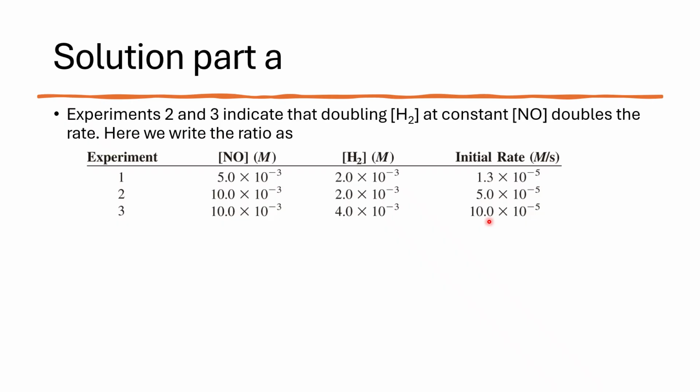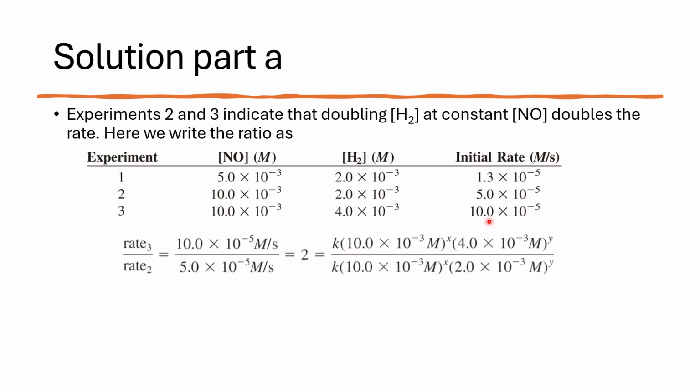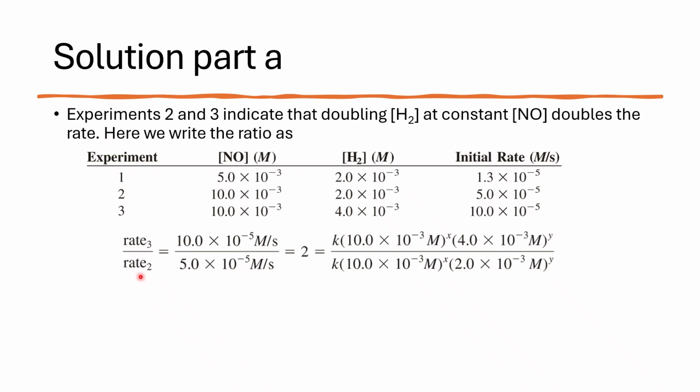We can do exactly the same setup as we did the last time, except in this instance, we're going to be taking rate 3 over rate 2. And once again, plugging in all the numbers, seeing that the rate doubles in concert with the concentration of H2 being doubled.